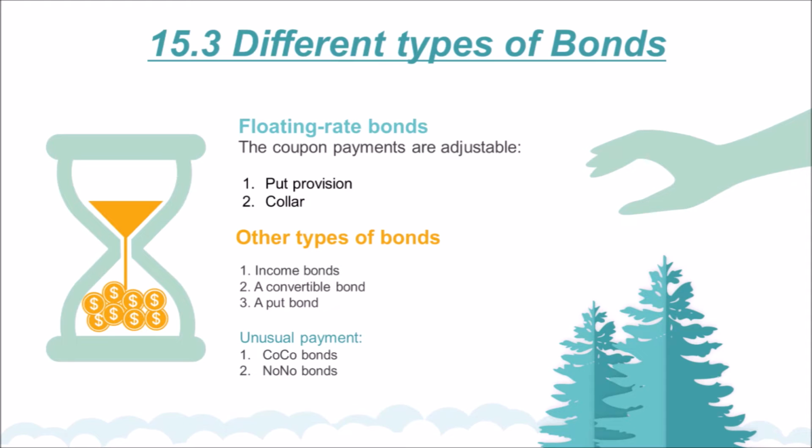And finally, we have some unusual bonds. They are CoCo bonds and NoNo bonds. Two of them are recent exclusive bonds: CoCo bonds, which have a coupon payment, and NoNo bonds, which are zero coupon bonds.